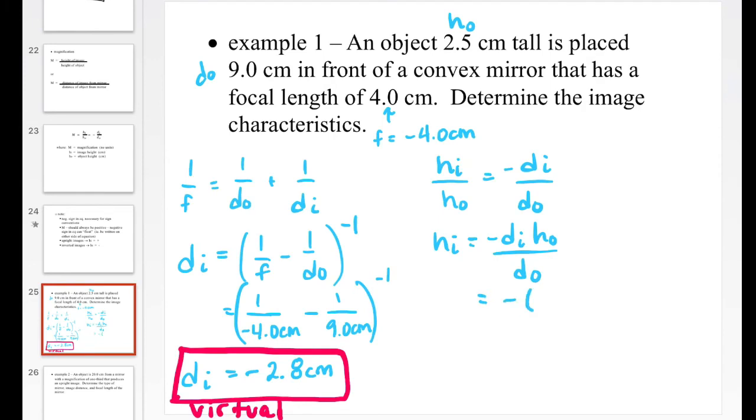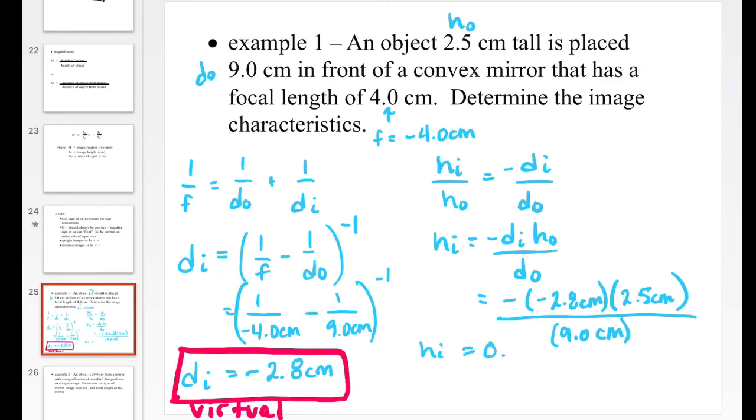Remember, the distance from the image to the mirror was negative 2.8 centimeters. The height of the object was 2.5 centimeters. And the distance of the object from the mirror was 9 centimeters. Okay, so we put that all together.